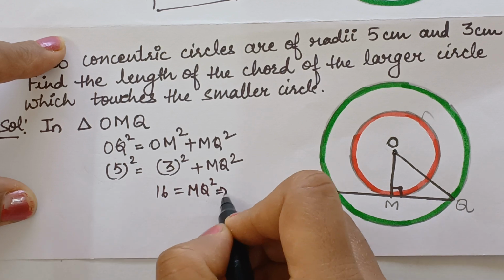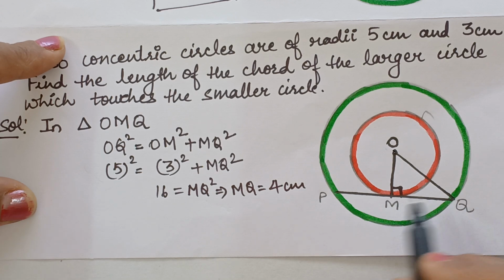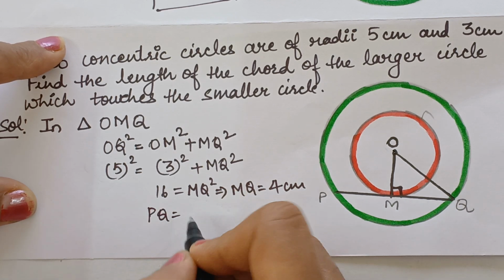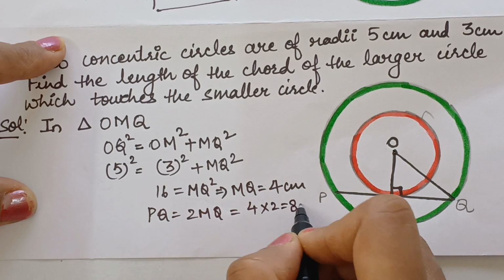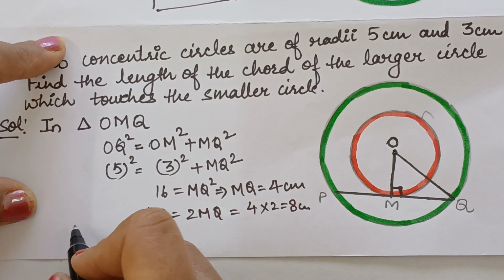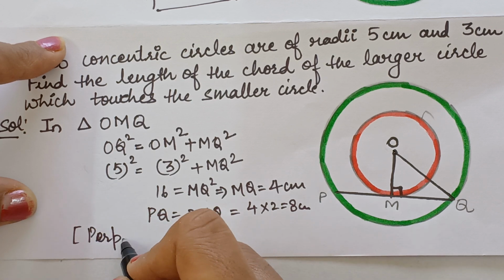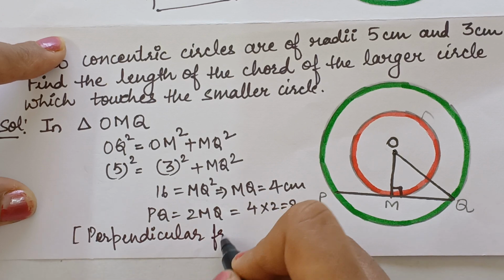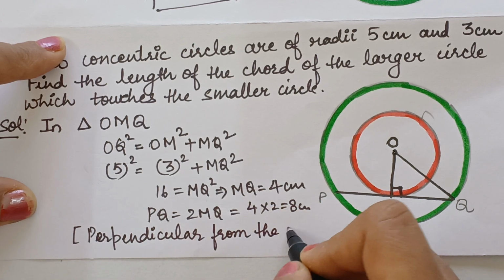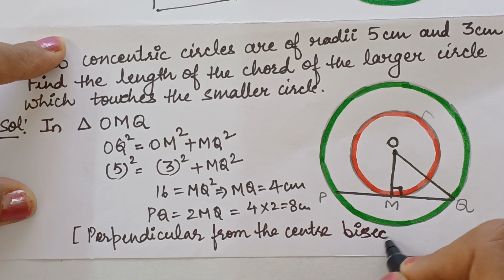So MQ will be 4 centimeter. If MQ is 4 centimeter, PQ will be twice MQ, which is 4 into 2, 8 centimeter. The reason we write this is that the perpendicular from the center bisects the chord.